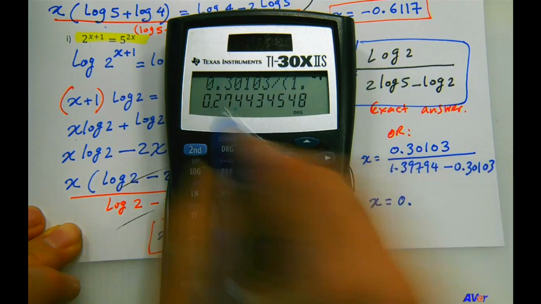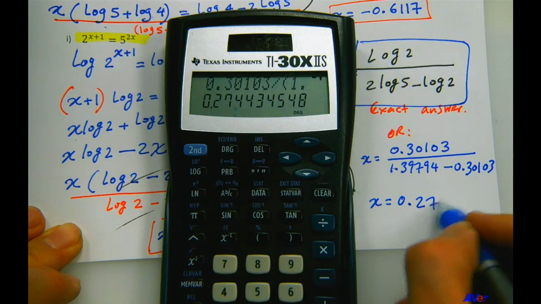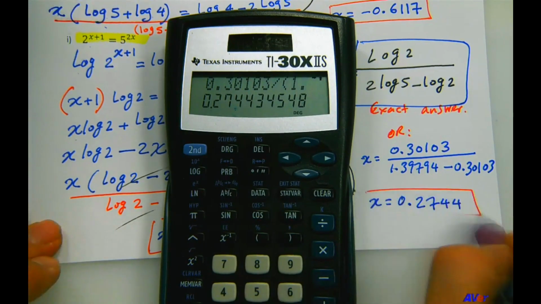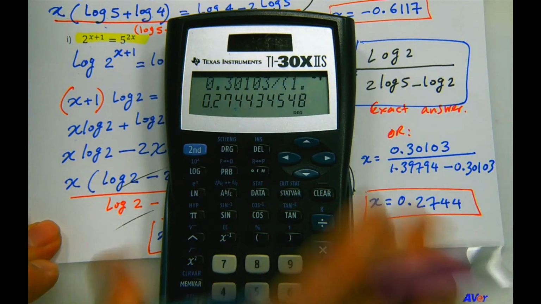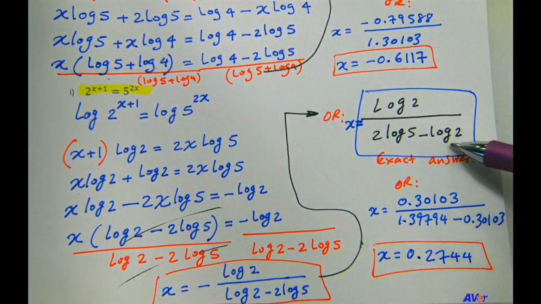And I'm going to round that all the way to the fourth decimal. So 0.2744. Okay. So you can either be asked to give the answer in exact form or this form. Either way.